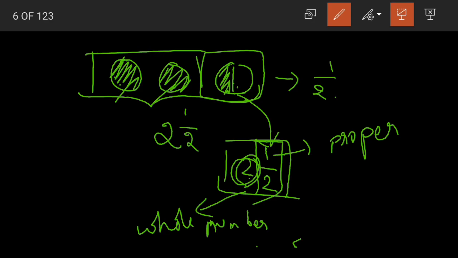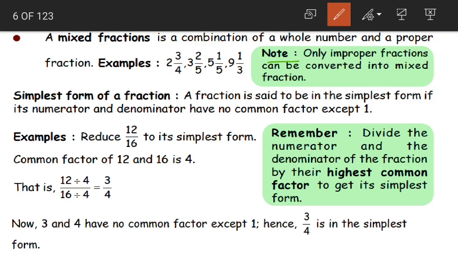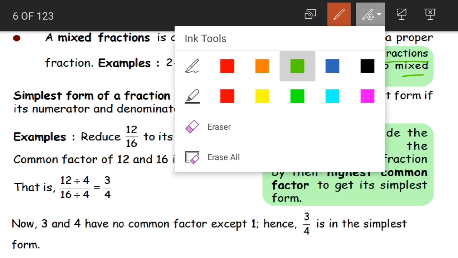What are the two components of a mixed number, children? A whole number and a proper fraction. When we have both a whole number and a proper fraction in a number, it is called a mixed fraction. Note, only improper fractions can be converted into mixed fractions.